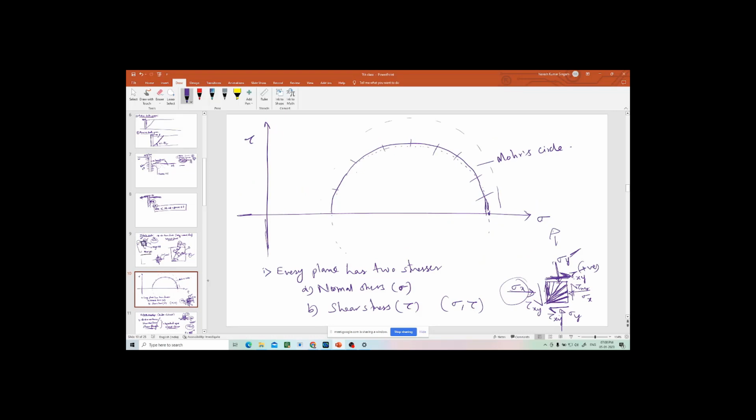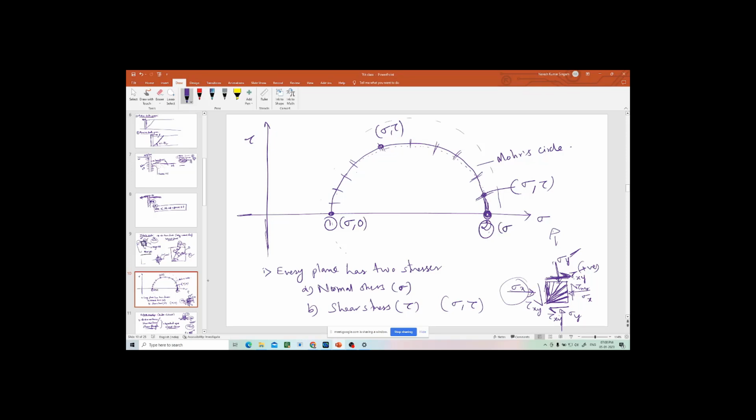Now coming to the Mohr circle, I have told you every point on the Mohr circle is nothing but a combination of two stresses. Suppose this point is some sigma value, some tau value. This point is also some sigma value, some tau value. If you take this point as point 1 and this as point 2, at this point there is a sigma value but zero tau.